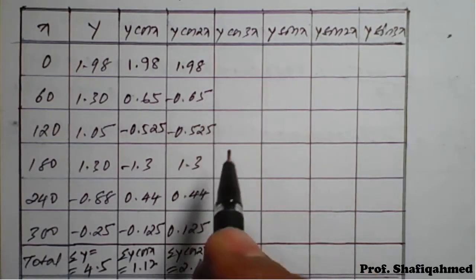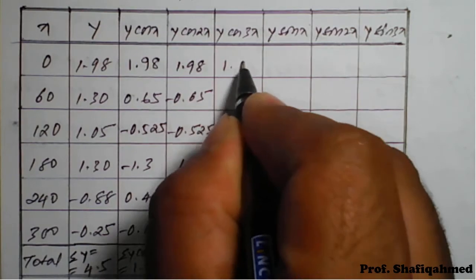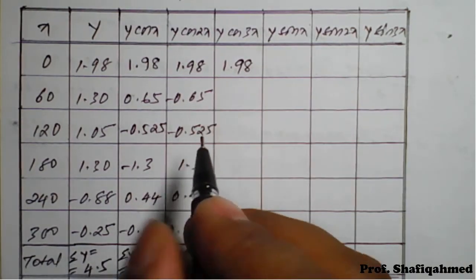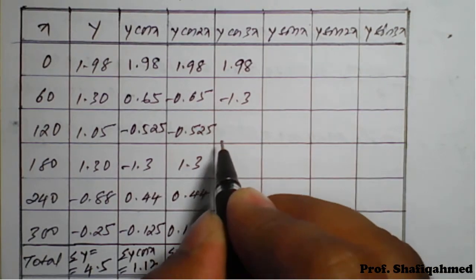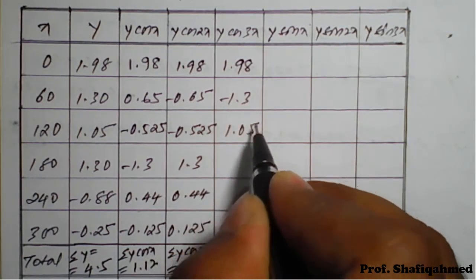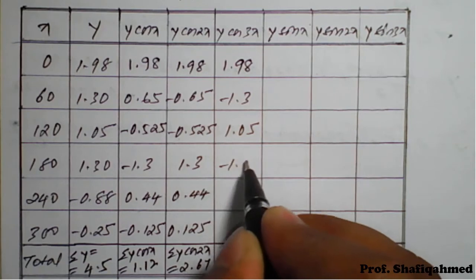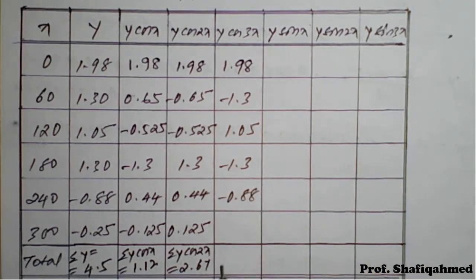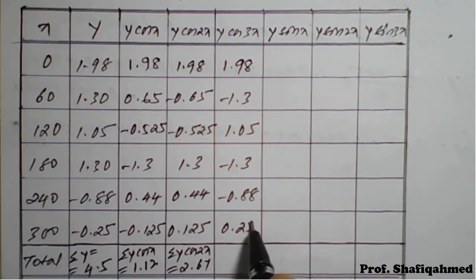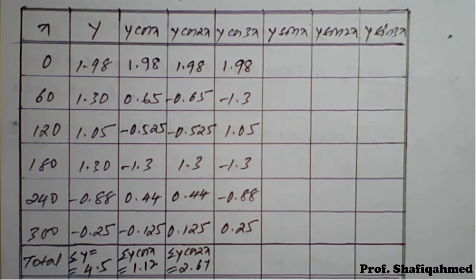Next we need to calculate the next column, that is y cos 3x. The first value on calculation will be 1.98. Second value is minus 1.3. Third value is 1.05. Next value is minus 1.3. Next value is 0.88. Next value is 0.25. We need to calculate this from the calculator.